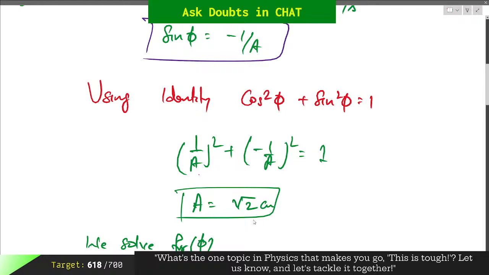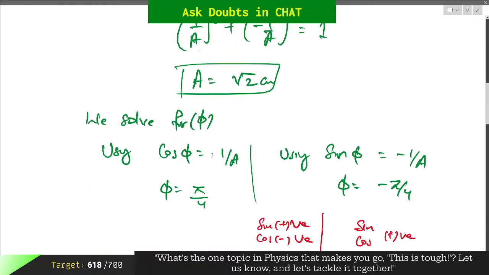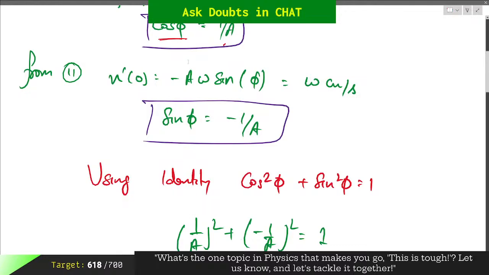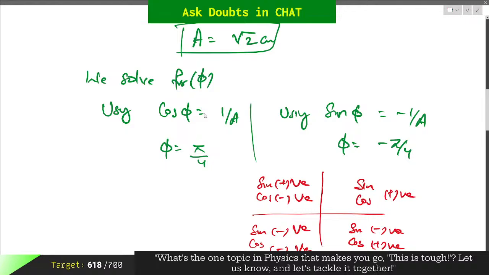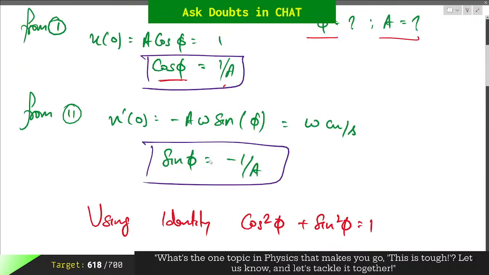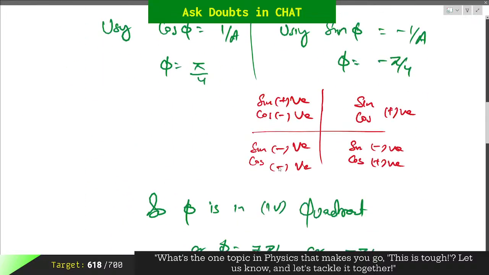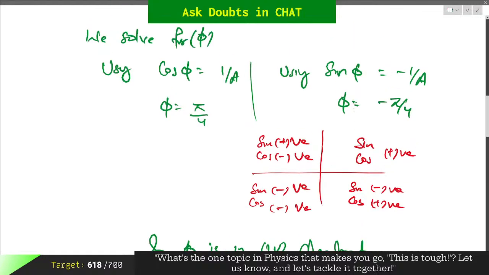Now once we have found our amplitude, we can solve either of the equations. Using cos φ = 1/A and substituting A, we get φ = π/4, and using sin φ = −1/A, we get φ = −π/4. Now we know that with the changing angle, sine and cosine have different signs.